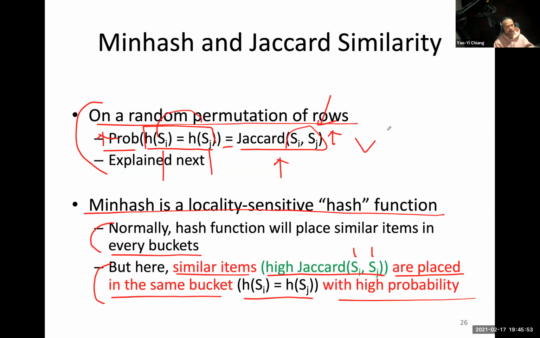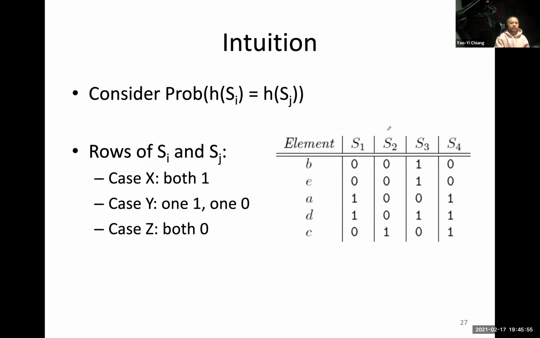But how do we know this is true? Let's look at some intuition. Consider this probability of two signatures being the same. How do we know they're the same? Well, if you are looking at only two items, because we are doing pairwise comparison, there will be three cases.